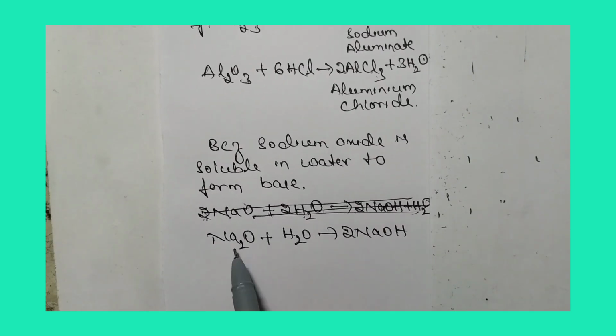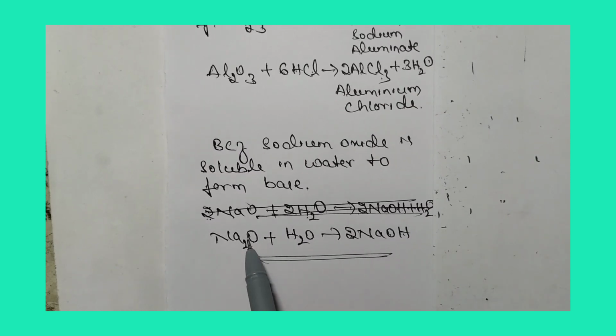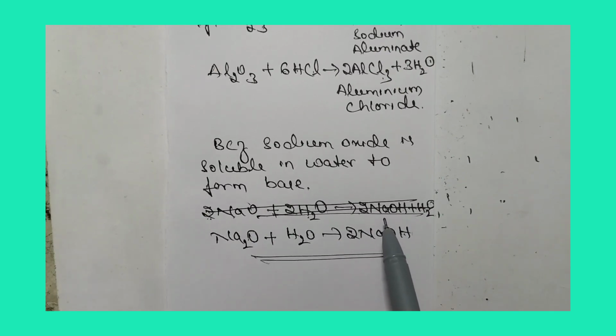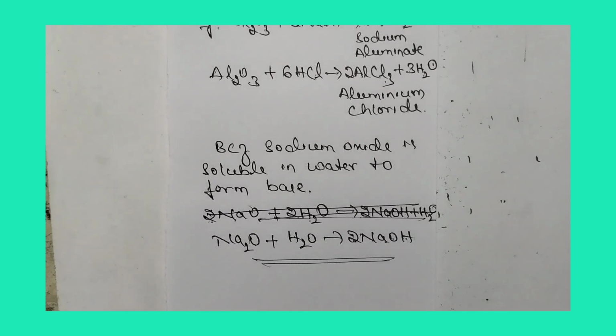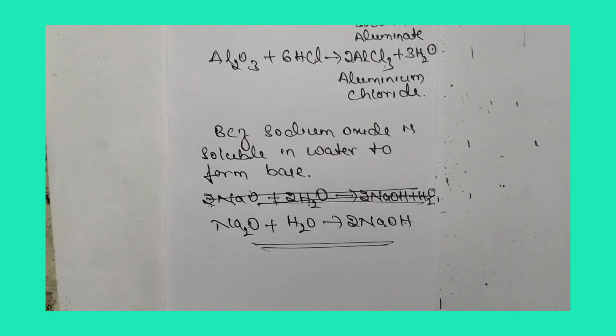See, this is balanced: Na2, 2Na; H2; here 1 oxygen, 1 oxygen. So sodium oxide, which is a metallic oxide, reacts with water to form sodium hydroxide. Therefore sodium hydroxide is basic in nature. Sodium oxide is called a basic oxide because it is soluble in water to form a base. So like this we have to answer this question. Now let us move to the 25th question.